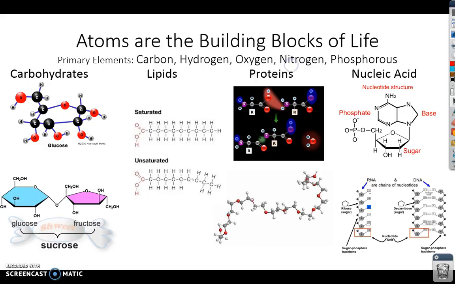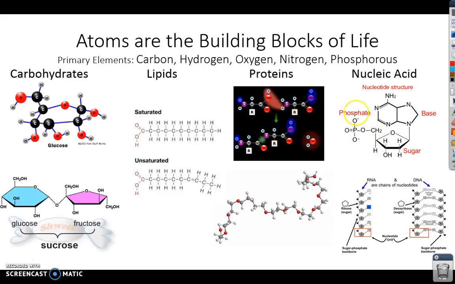When we get to nucleic acids, now we're starting to see some nitrogens in here a little more often. There's some nitrogens, because we call this a nitrogen-containing base in a nucleic acid. And then we have our sugar, which would be the same as the sugars we'd see over here. And then now we have a phosphorus.